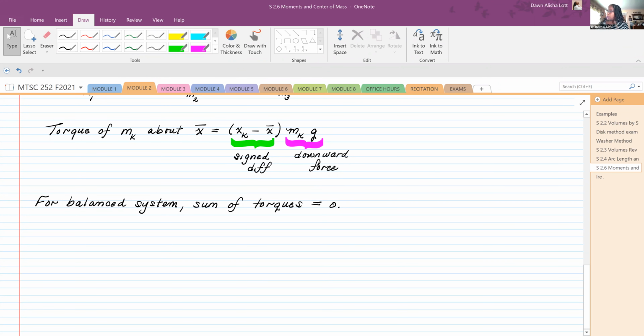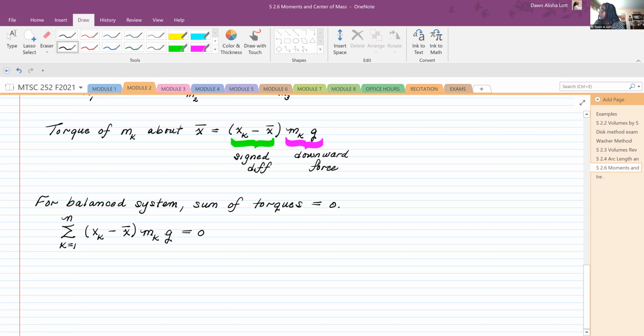So let's do it. I need the sum of all the torques to be 0. Well, this one is the torque about MK. So the sum of all the torques is going to take XK, subtract X bar, multiply by MK, and then multiply by G and set that equal to 0.